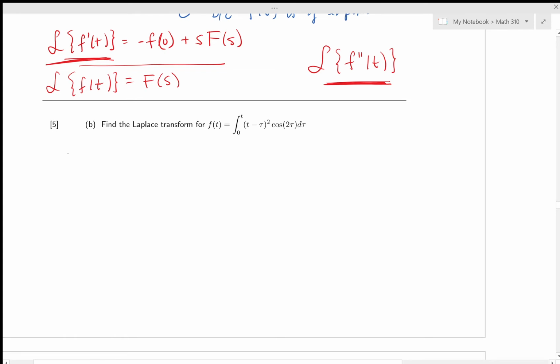This is not what you should do, but I'm thinking to myself, it does not make sense to try to find it by the definition. What would this look like by the definition of the Laplace transform? It would be the integral of e to the minus st times whatever function is here.